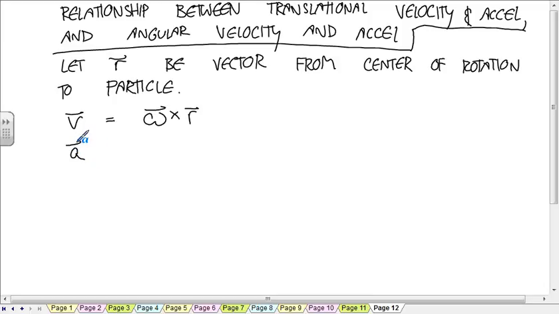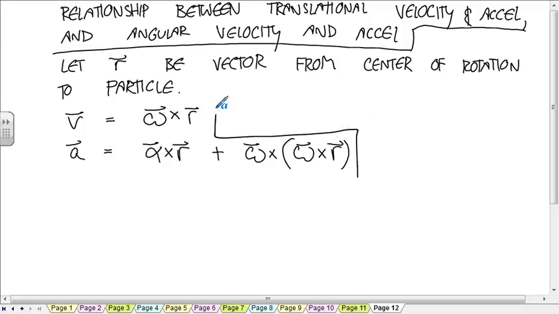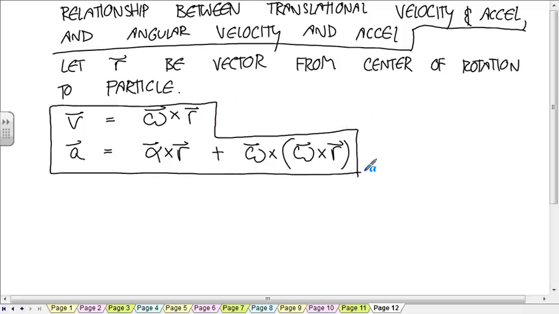And the acceleration of that particle is equal to the angular acceleration crossed with R plus the angular velocity crossed with the quantity angular velocity cross r. For the acceleration expression, this first term, alpha cross r, is the tangential acceleration.